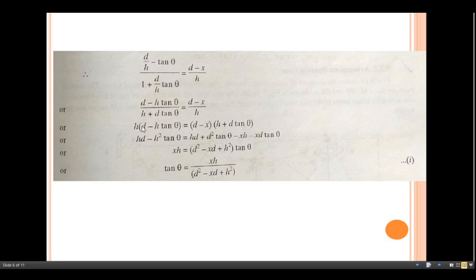Now simplify by multiplying this term into the inside terms: H into D, and H times H is nothing but H square, so minus H square tan θ equals, multiplying this term into the inside terms, D times H plus D square tan θ, then minus X into H, and then minus X into D into tan θ.